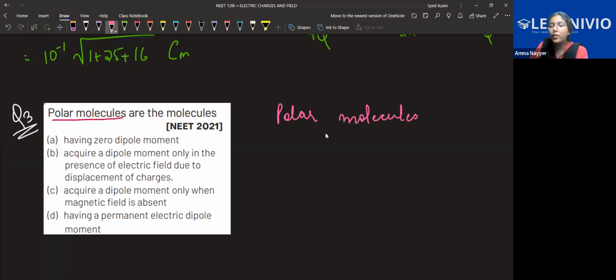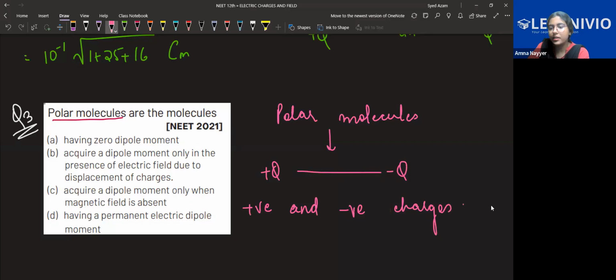When we talk about the polar molecules, these have positive charges and negative charges present. And these positive and negative charges never overlap each other.